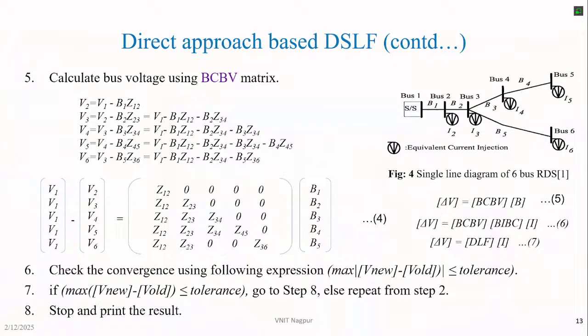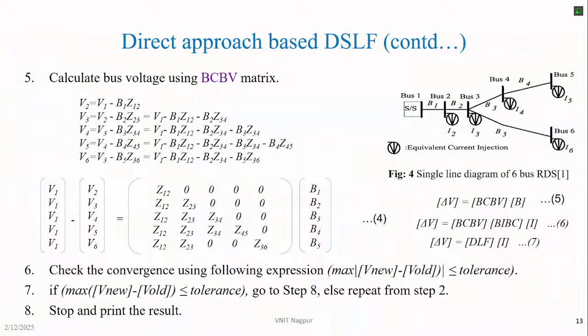For a single phase system it's okay, there is no issue. Similarly, we calculate voltage at node number 3, V3, it's supposed to be V2 minus whatever the branch current over there into Z of 23.